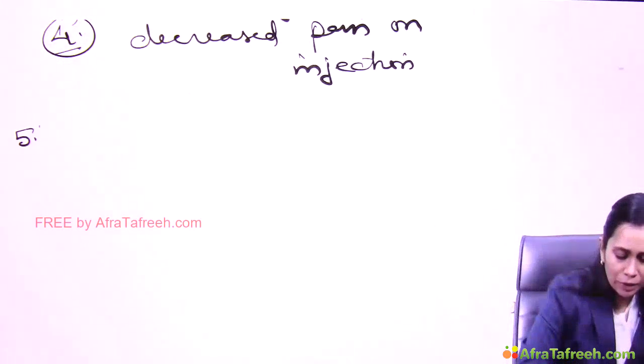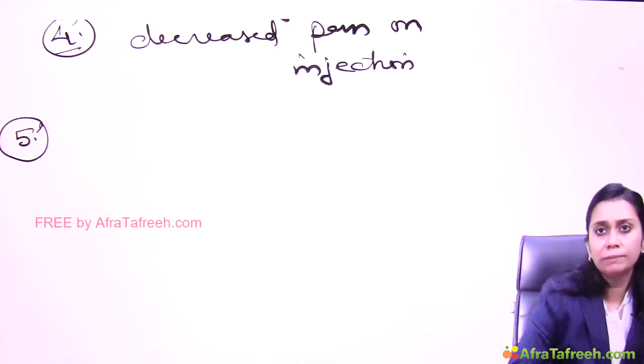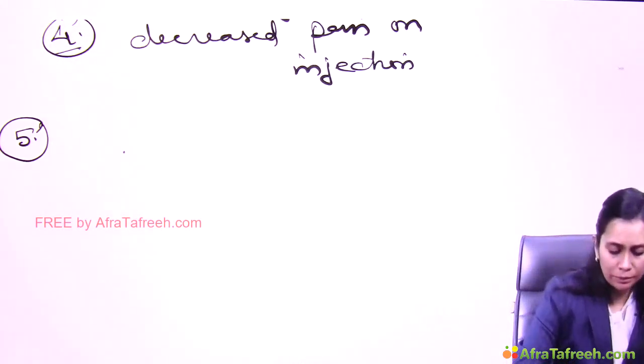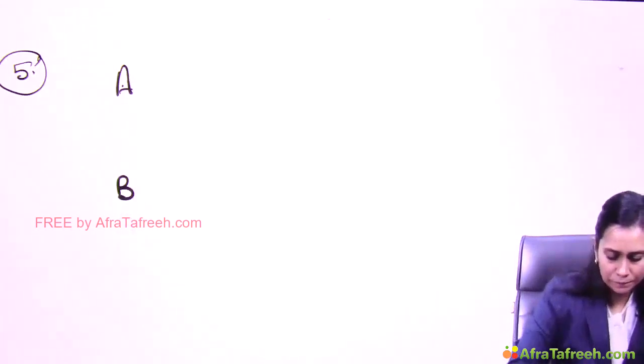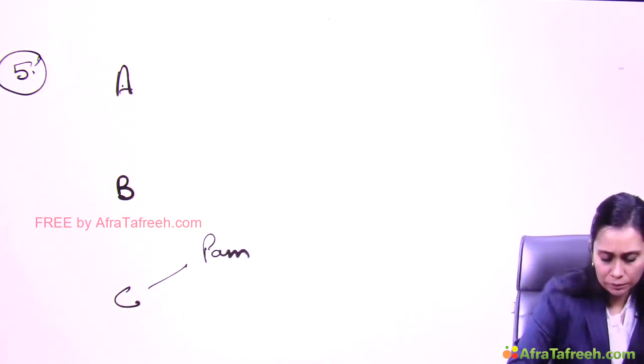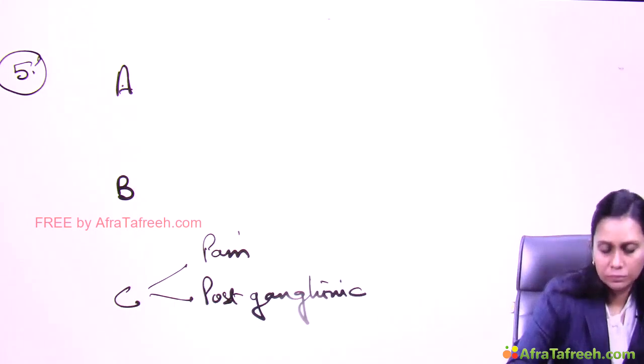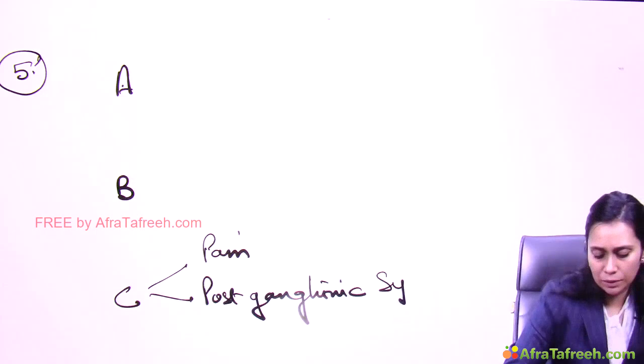There are how many types of nerve fibers? Grossly, the nerve fibers are of three types: A, B, and C. C carries pain and post-ganglionic sympathetic fibers.